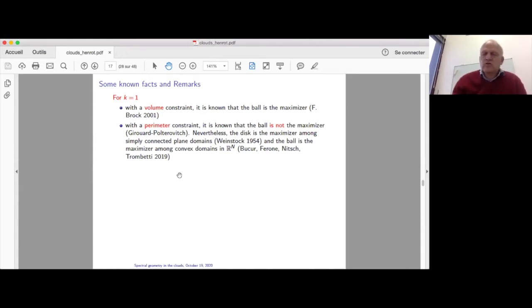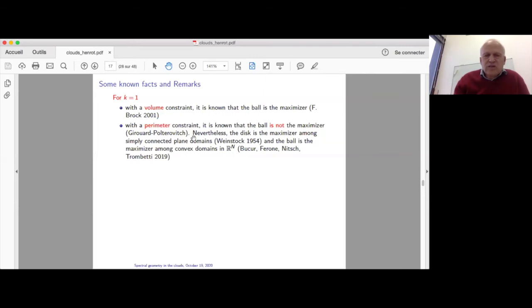This proves that the ring with a very small hole is better than the ball, and so the disk is not the maximizer in the class of any domain with a perimeter constraint. And actually it has been proved by Jean, Misha, and Alexandre that this problem with the perimeter constraint actually has no maximizer.